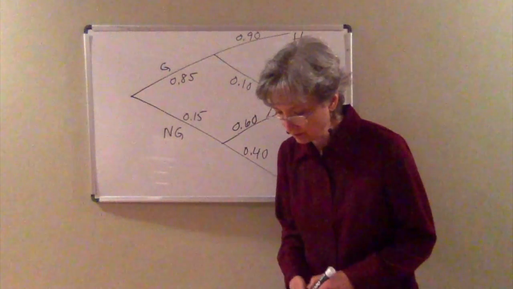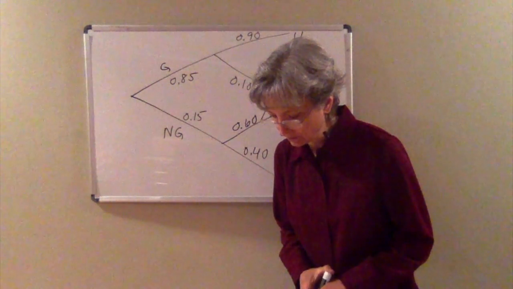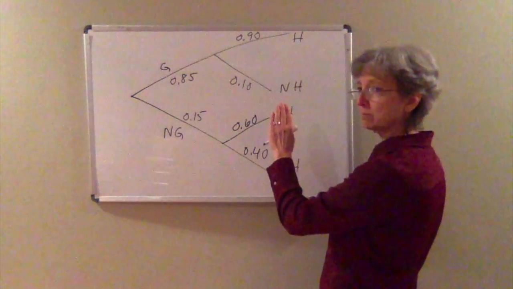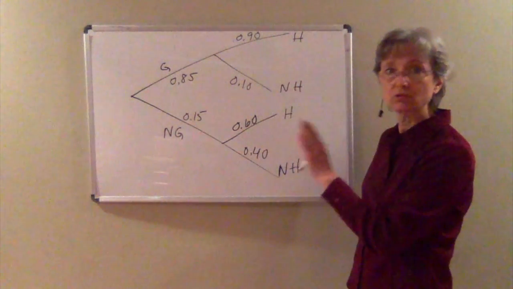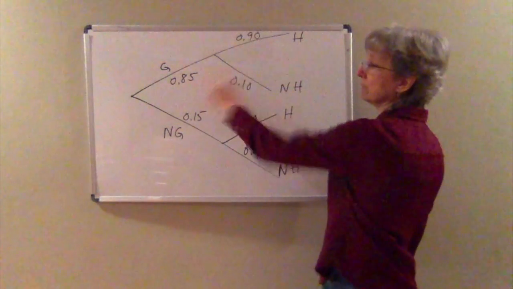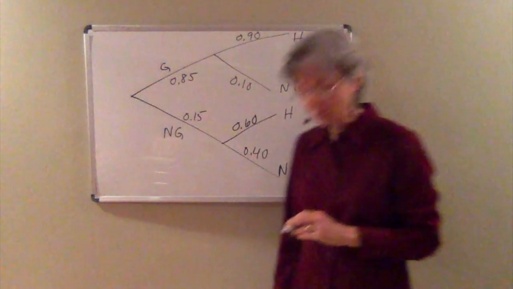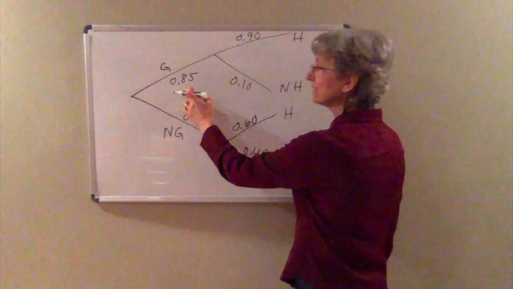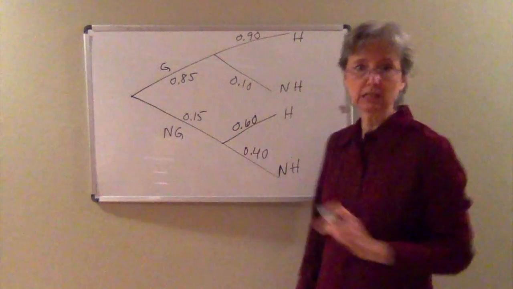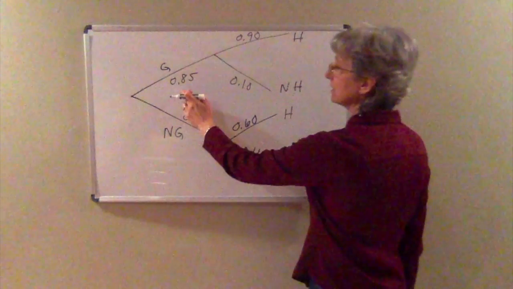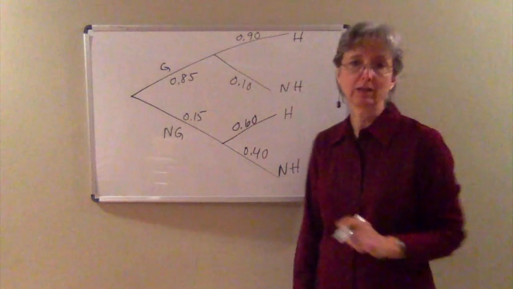So what we do then to find out what's the probability that one of the juniors out of all of them happens to be happy and graduated is you take the probability that they graduated times the probability that they are happy having graduated. 0.85 times 0.90.